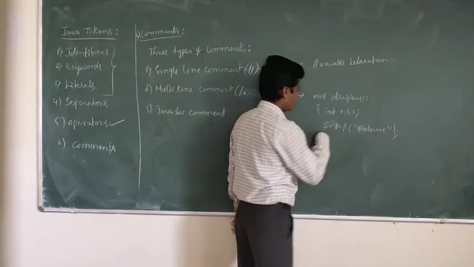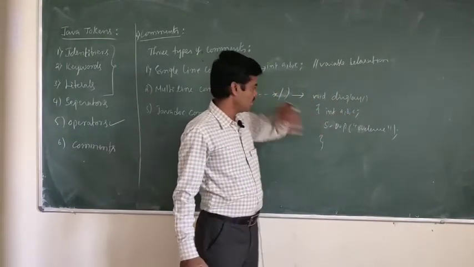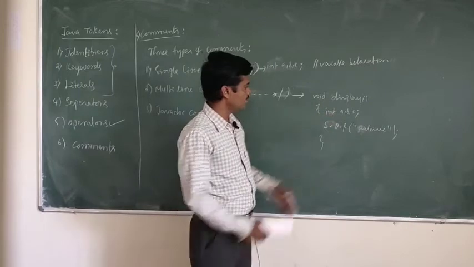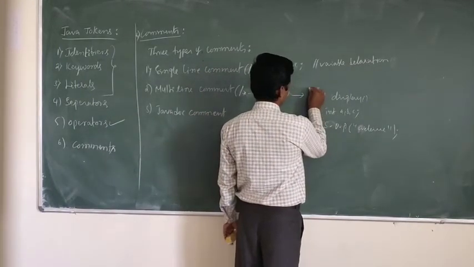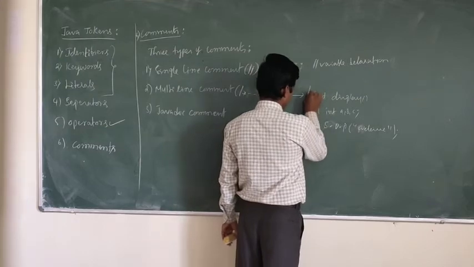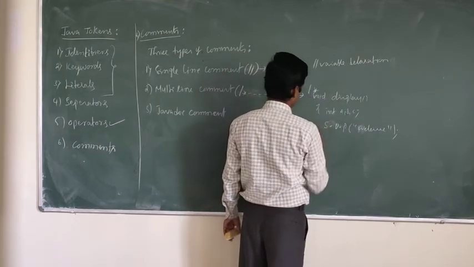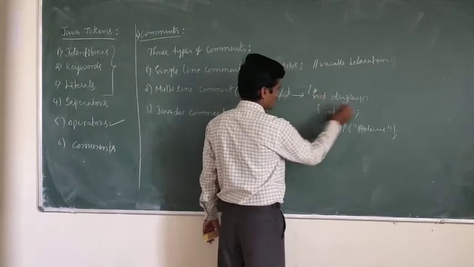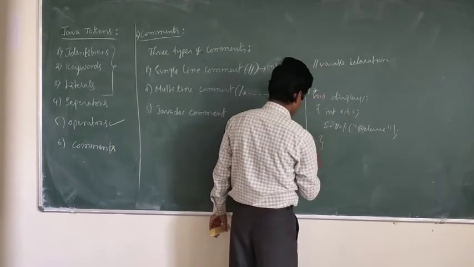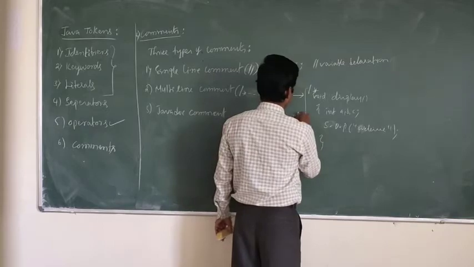Here I have written one method, display, and some statements are in this method. If I want to make this complete block a comment, I write slash star at the start, then star slash at the end. Then this complete block is a comment.